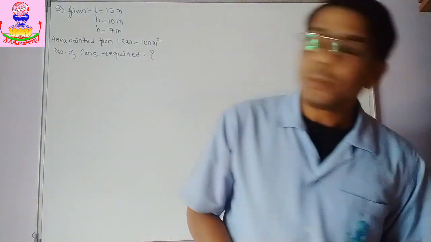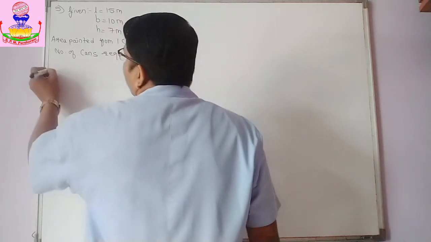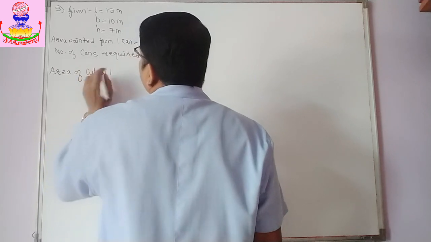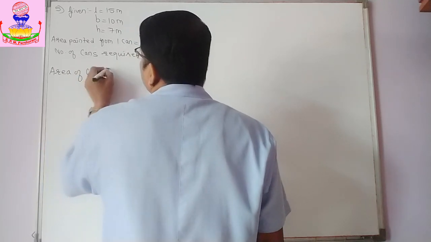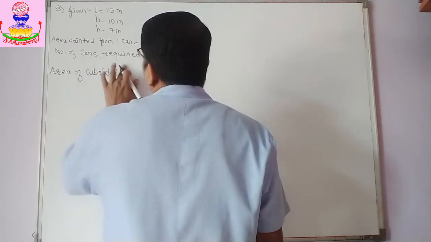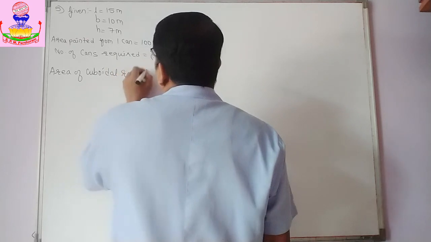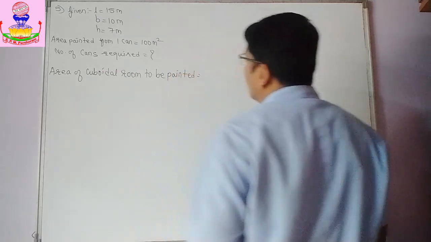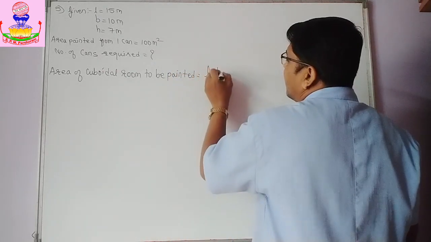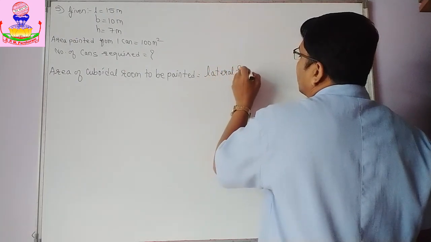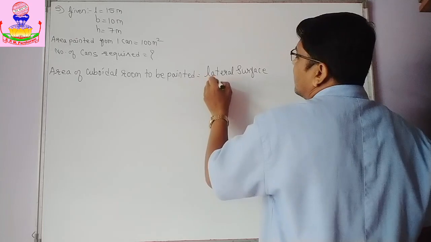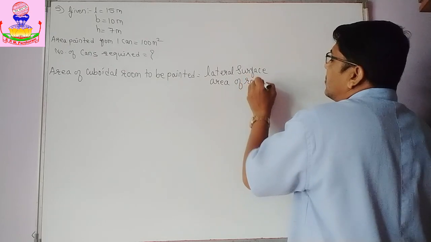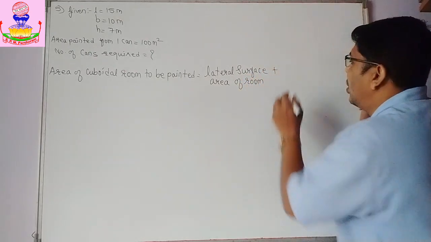Now, so here, area of cuboidal room actually to be painted is equal to lateral surface area of room plus area of ceiling.